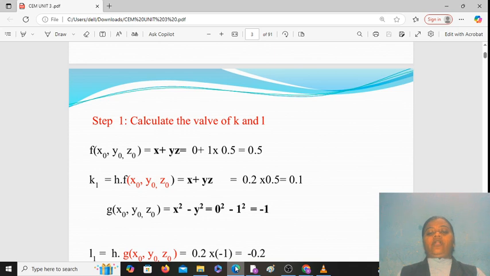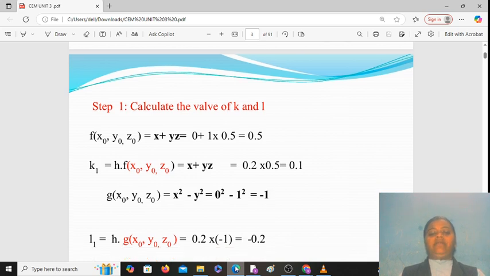Answer is 0.1. Now g of x0, y0, z0 is x square minus y square, which is equal to 0 square minus 1 square, which is equal to minus 1.